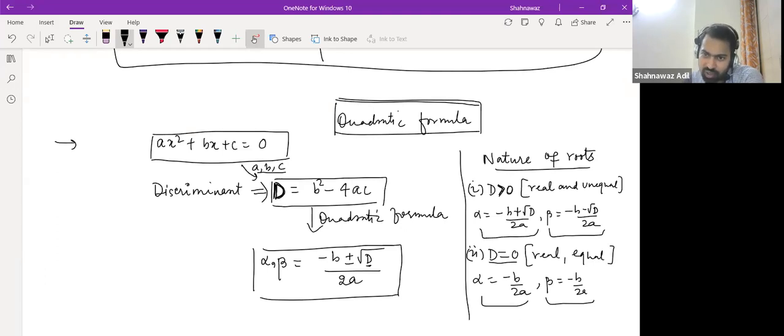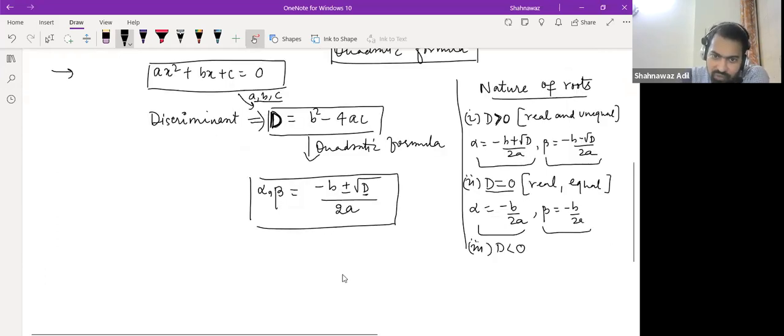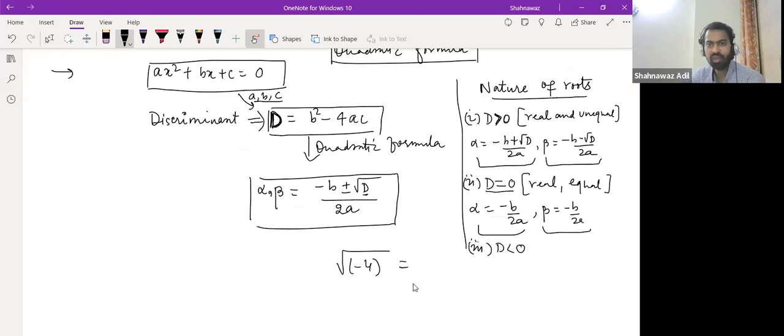And then we have the third case, which says that D is less than 0. For D less than 0, root of a negative number, like root of minus 4, what is it? Can you find the root of a negative number? This would be root of minus 2 square, so we can take 2 outside, so this would be 2 root minus 1.